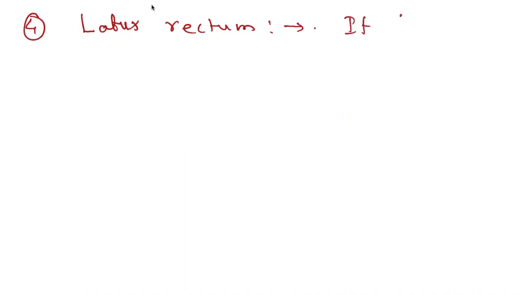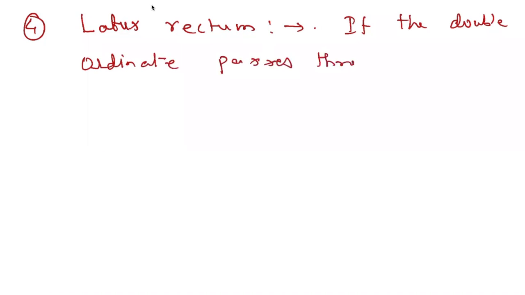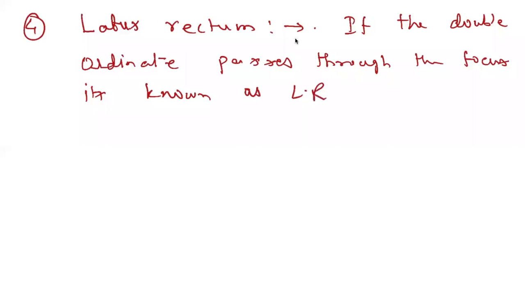If a double ordinate passes through the focus, it is known as latus rectum, usually represented by LR.